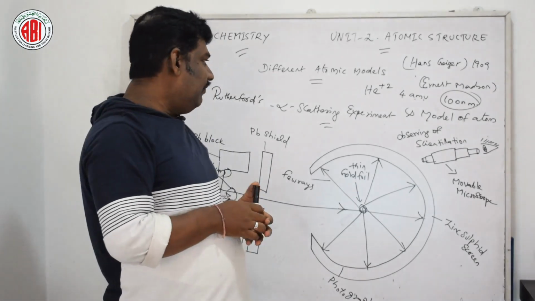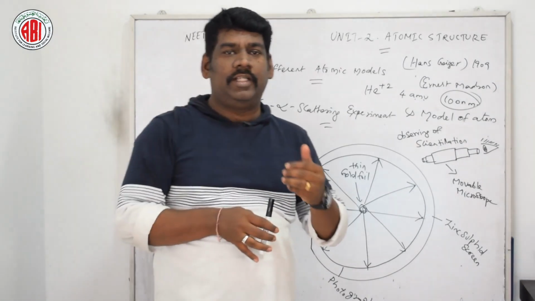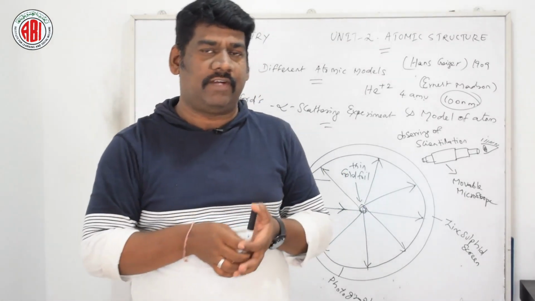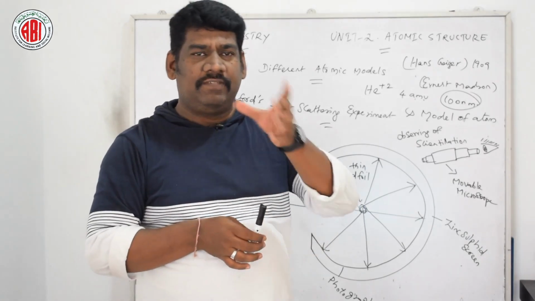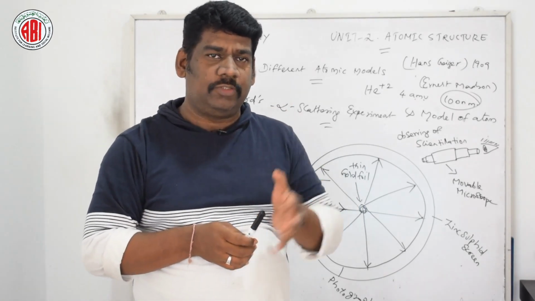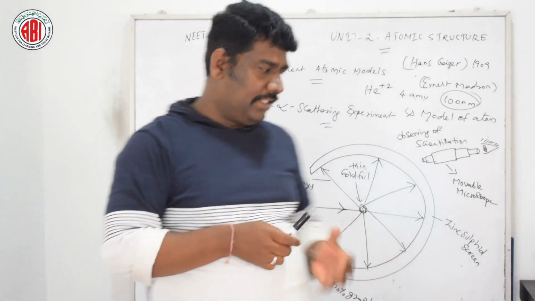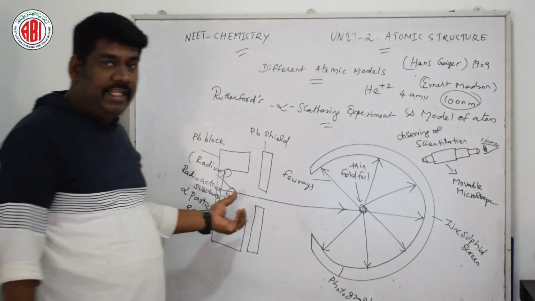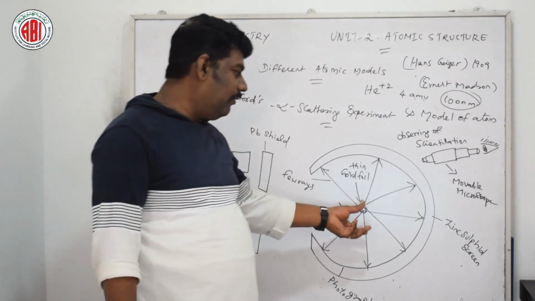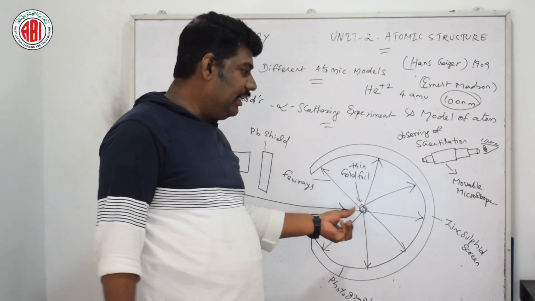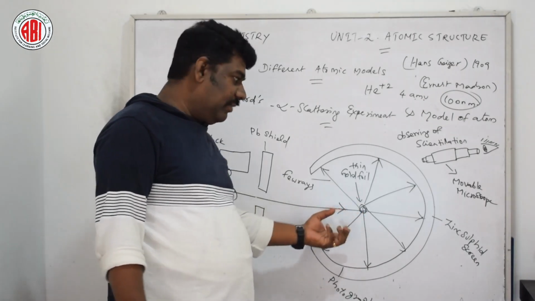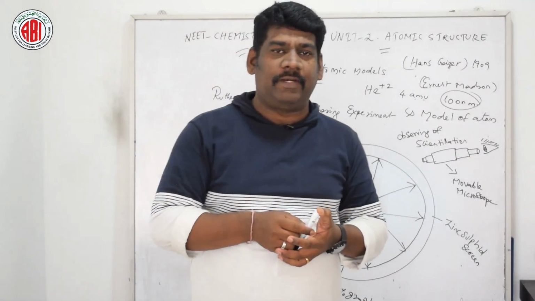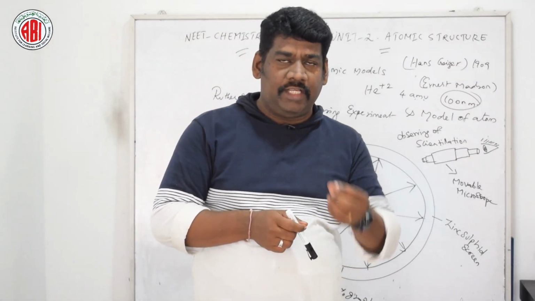So based on this alpha scattering experiment, Rutherford came to a conclusion. The first conclusion he observed is that most of the alpha particles passing through this gold foil were undeflected. Mostly the rays emitted from this radioactive substance penetrated this thin gold foil, and a small fraction of these alpha particles got deflected through a small angle.